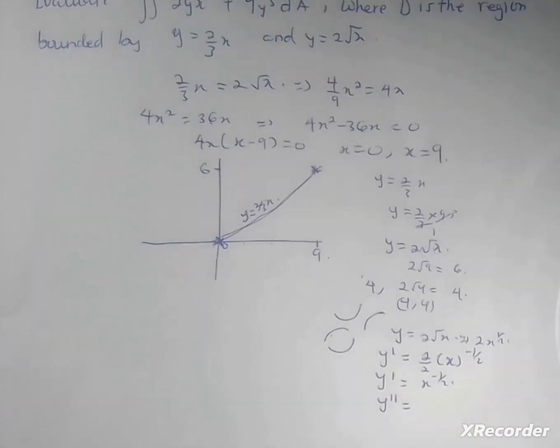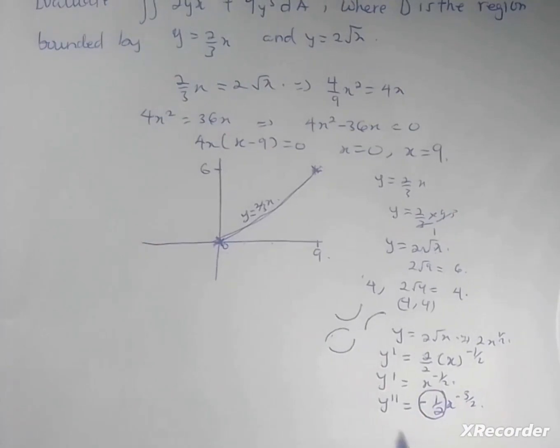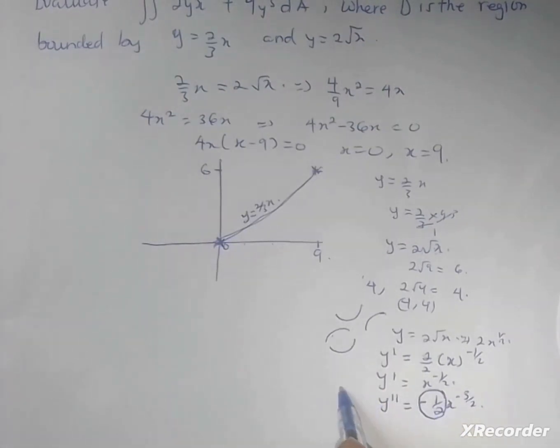So my second derivative is going to give me negative half x to the power negative 3 on 2. Hence, the coefficient is negative. Therefore, I'm going to get a function which, since the coefficient is negative, is going to curve this way. Sorry, it's going to curve this way rather.